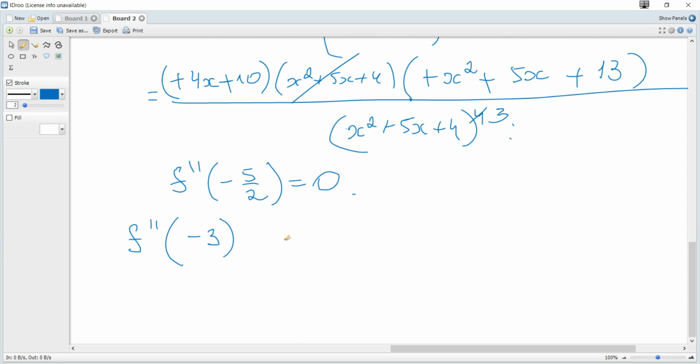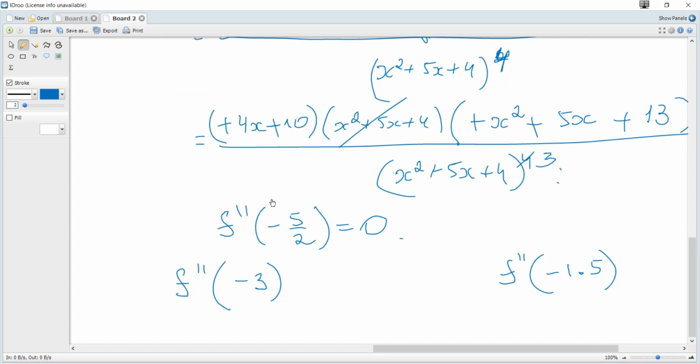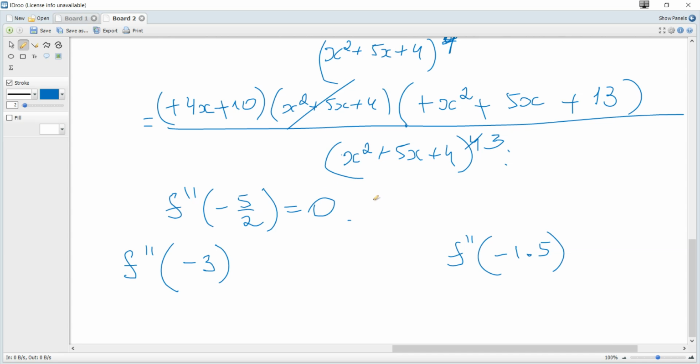-3 and -1.5, -0.5, and I don't want to substitute it. And notice that if you keep this to the power of 4 and you keep this term, you can ignore the denominator. Why?